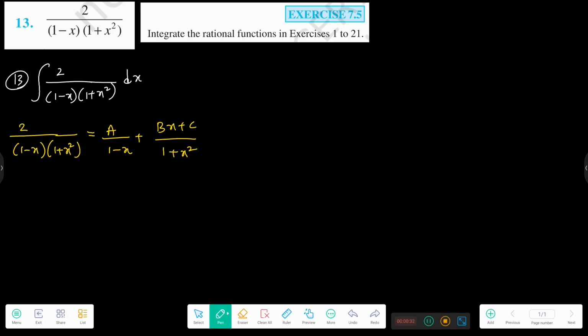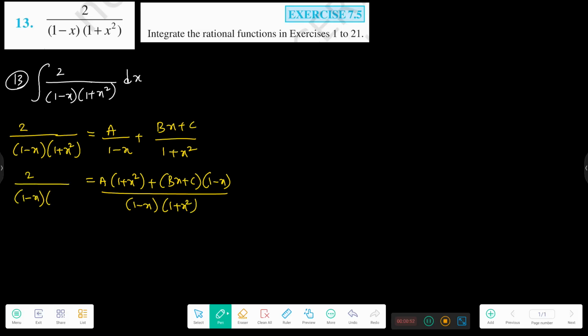Okay. Now take cross multiply. So A into (1 plus x square) plus (bx plus c) into (1 minus x), whole divided by (1 minus x) into (1 plus x square). And here 2 divided by (1 minus x) into (1 plus x square).